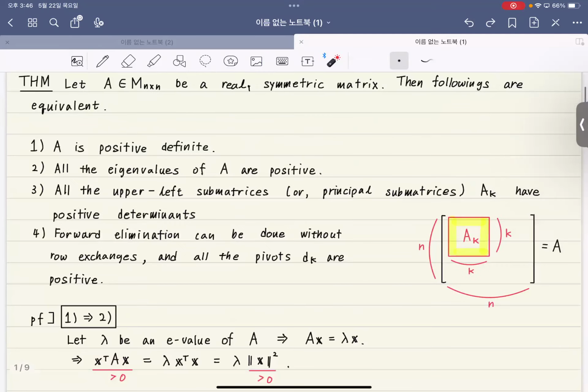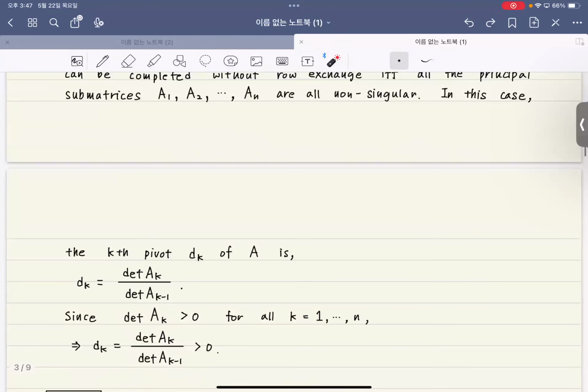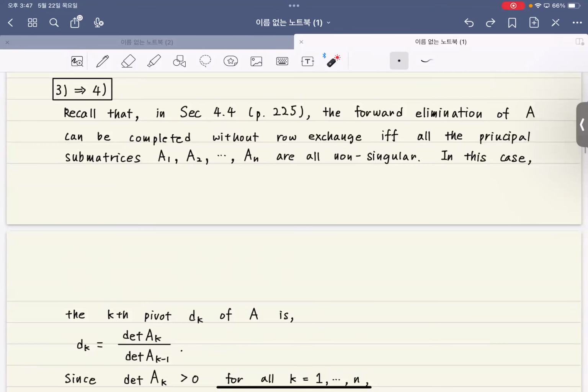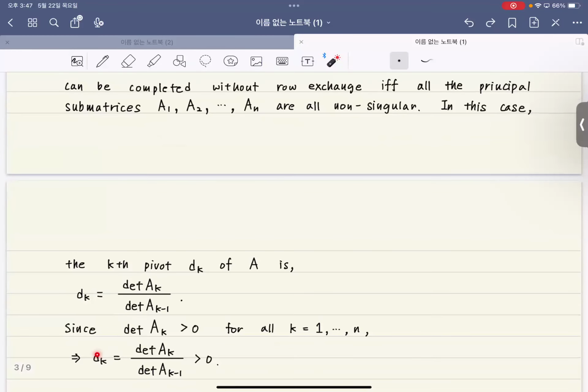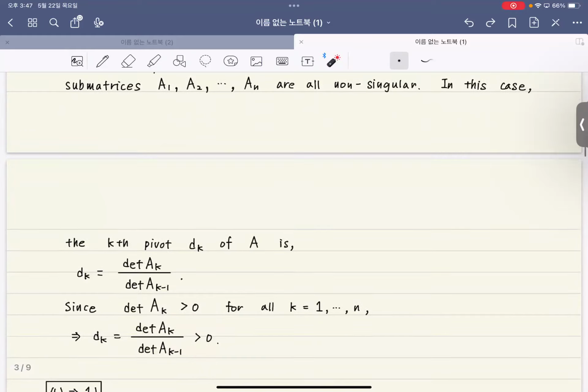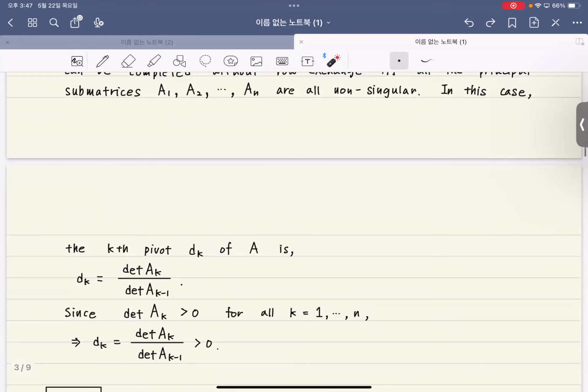That means they are all non-singular matrices, right? So my matrix A satisfies this condition. Therefore the K-th pivot dk, which can be written as the determinant of AK over the determinant of AK minus 1, is still positive since both numbers are positive. Okay, so the pivots are all positive.